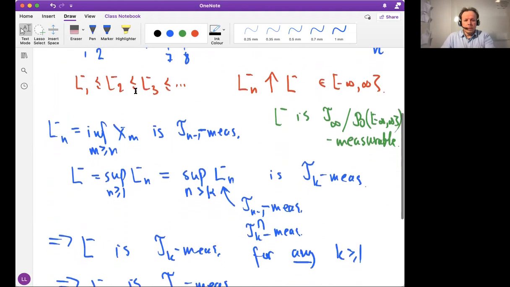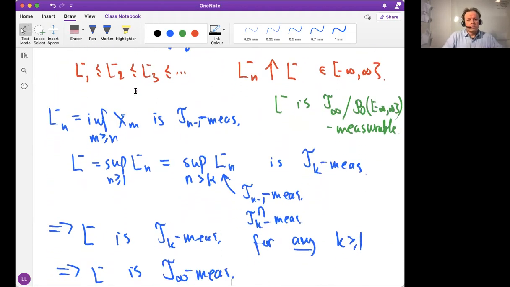The key thing was that we used that the infimum of measurable is measurable. So we use the proposition from chapter 3, where it's proved that the infimum of measurable is measurable again.